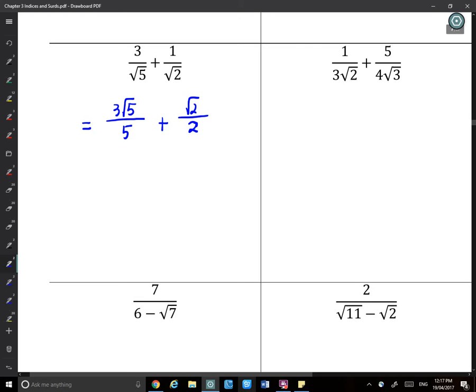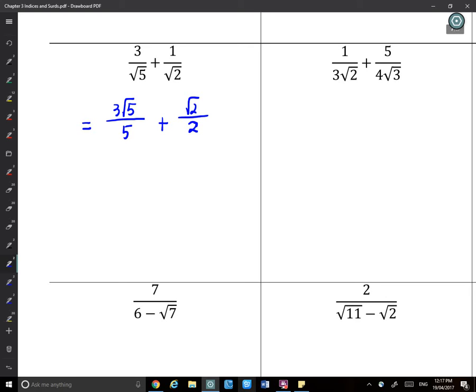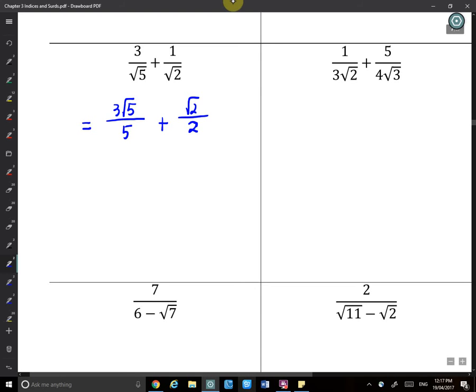I'll separately rationalize the two denominators first, so the first one becomes 5, the second one becomes 2. What's the lowest common denominator for 5 and 2? 10. So I multiply by 2 on both top and bottom, which becomes 6 root 5, plus I multiply by 5, so it's 5 root 2.